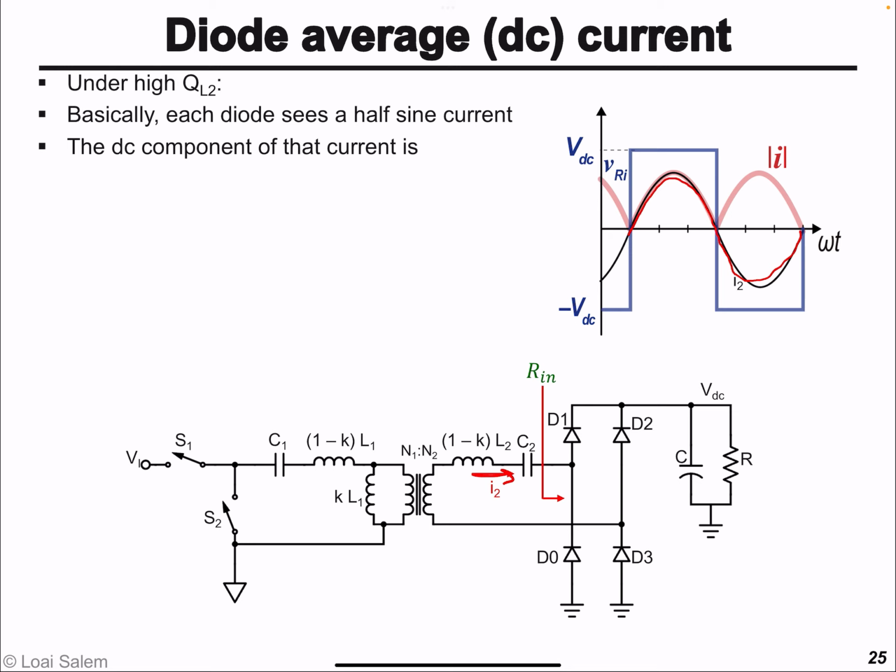And this black sinusoid has an amplitude equal to the RMS value that we calculated multiplied by square root 2, where the RMS current is, as we calculated before, from the output power.